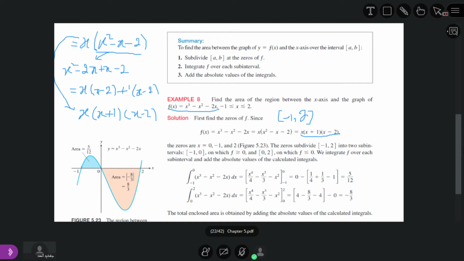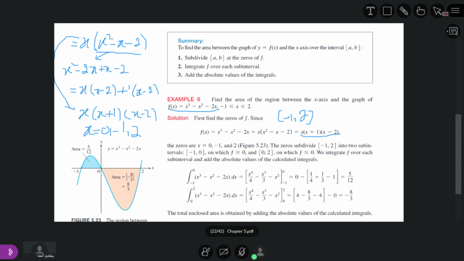Whenever we put this equal to 0, we get 3 points. What are the points? x is equal to 0, x is equal to minus 1, and x is equal to 2. So we must divide the given interval minus 1 to 2 into two subintervals.